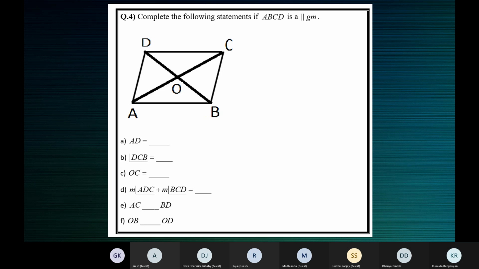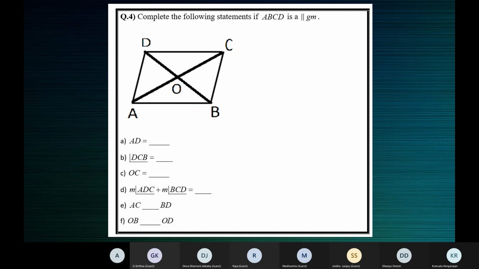Kirtana? Ma'am, angle DAB, ma'am. DAB, very good. Angle DCB is equal to angle DAB because what's the property, Kirtana? Opposite angles are equal. In a parallelogram, opposite angles are equal.